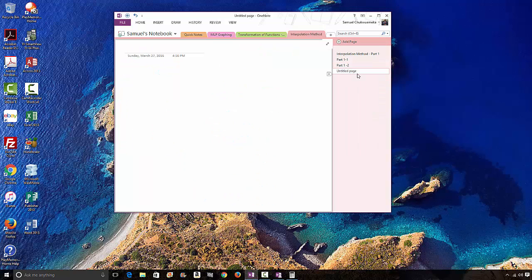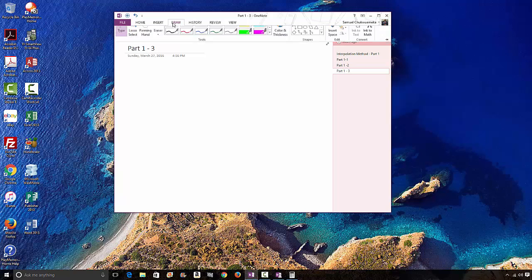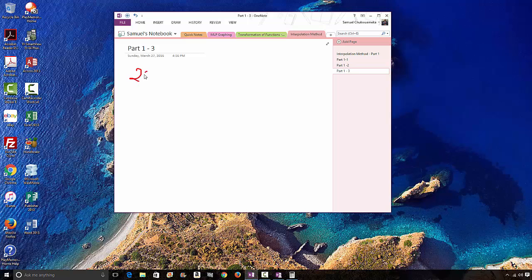So I multiply both sides by 20: 20 times F minus 32 over 180, equal to 20 times C over 100. Why we do this is to simplify it so that you don't work with many numbers.